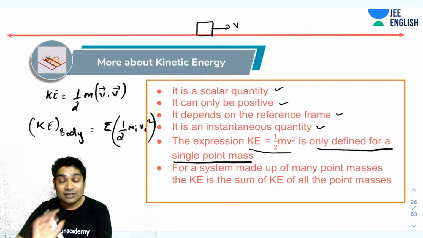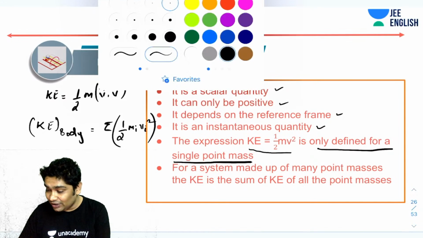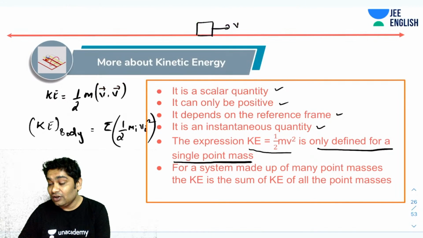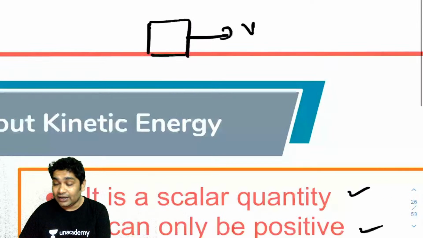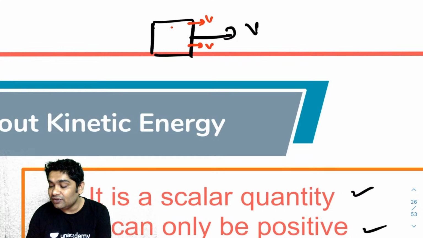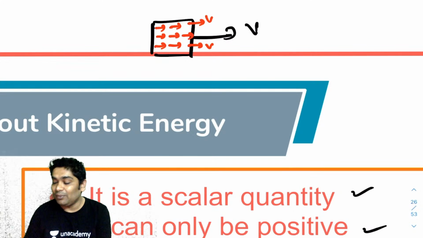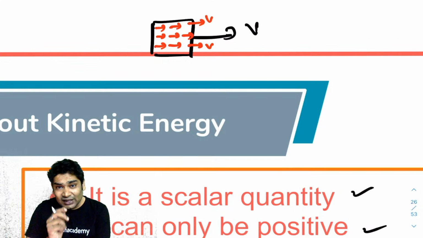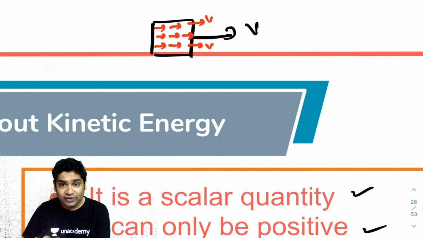So why are you using half mv square? Because as long as a body is translating, you will realize that at any instant, for a rigid body which is translating, the velocity of all its point masses, so any point mass on the body, will be moving with the same velocity v only. Okay, so that is why you are able to use that definition for big bodies also. So here all the point masses are moving with the same velocity v.